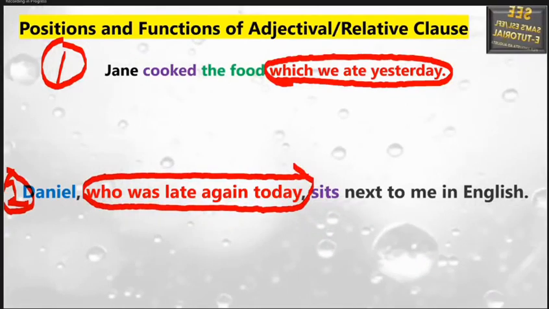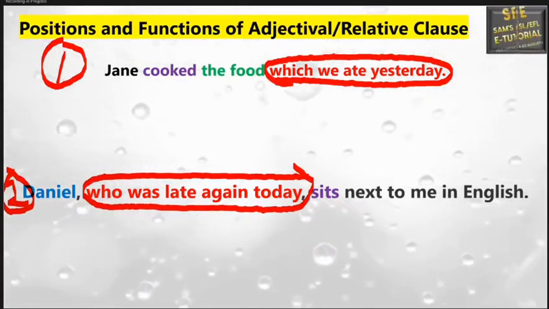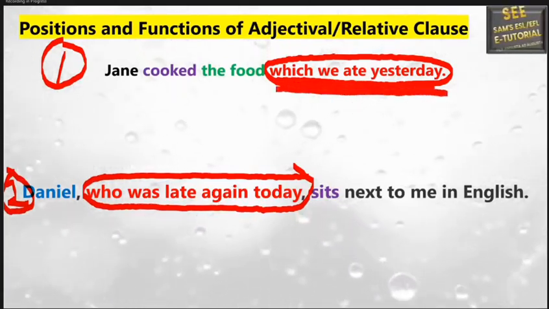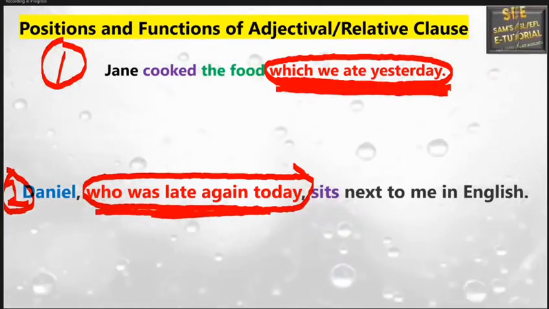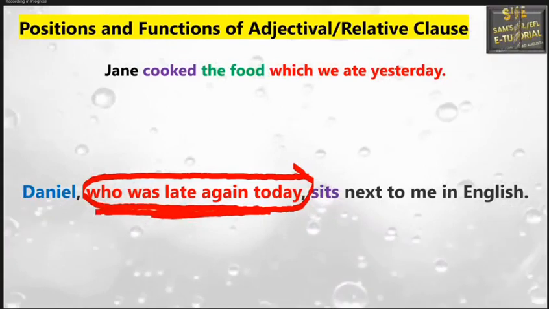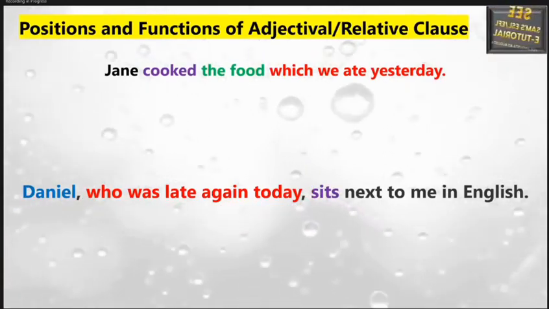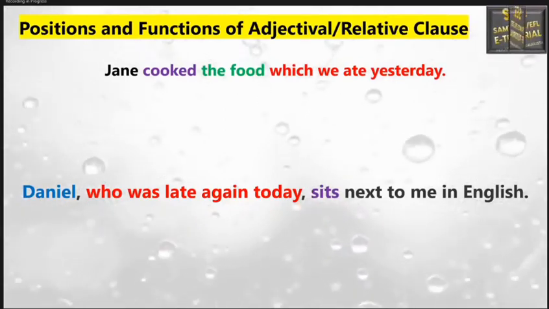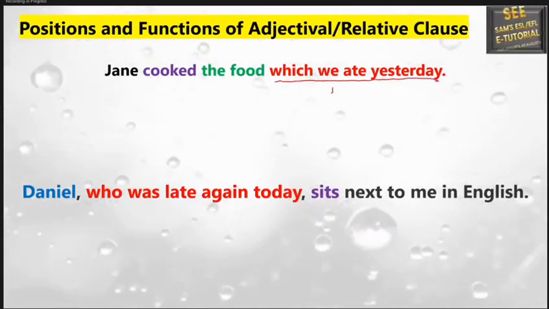It can occur at the final position of a sentence and it can occur in the middle position of a sentence. As seen here, the final position of a sentence and of course the middle position of a sentence. That is actually the position that adjectival clauses can take in a sentence. However, it is important that when it takes the final position in a sentence, it modifies an object.